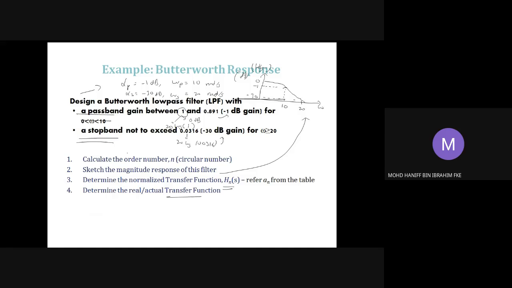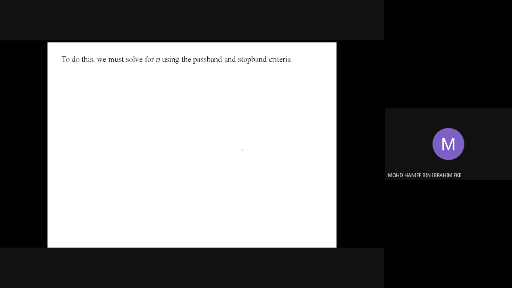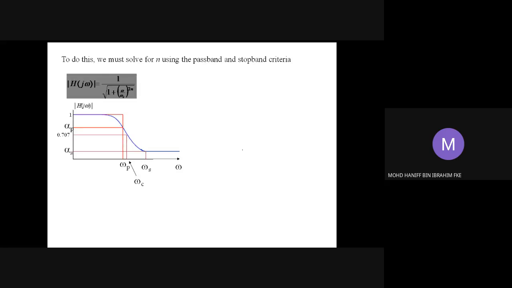For the calculation of the order of the filter n, this is based on equation number 5 that we have seen earlier. So let us proceed with the solution now. We have resketched this for you, so that should be the sketching of your low pass Butterworth filter. Hopefully you understand this sketching clearly.